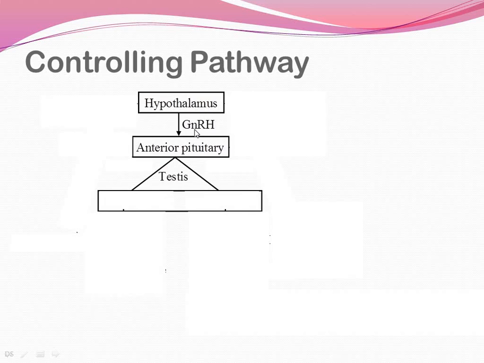This GnRH, through the hypophyseal portal circulation, goes to the anterior pituitary, where it stimulates the release of ICSH, interstitial cell stimulating hormone, and FSH, follicle stimulating hormone. These go to their endocrine target, the testis, and act on two different cells.